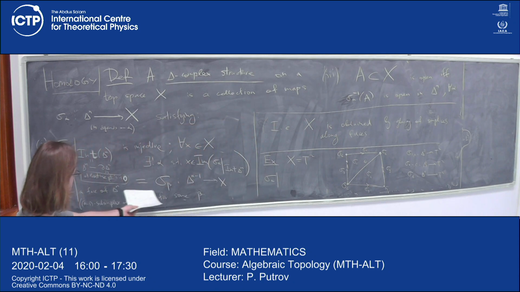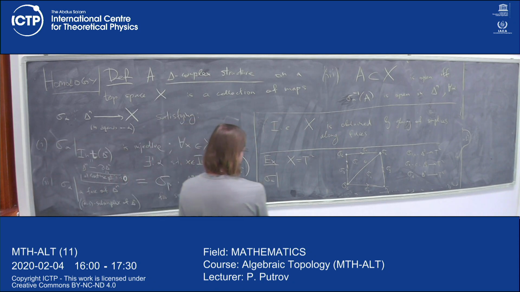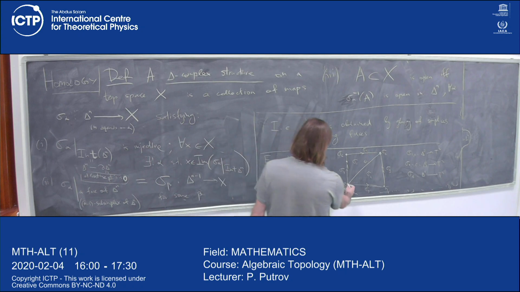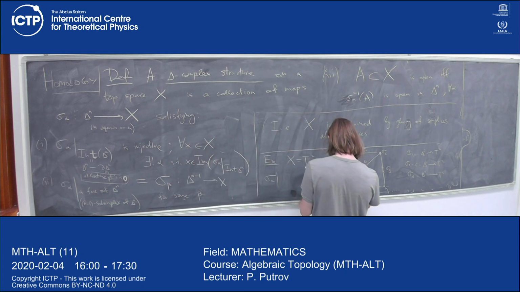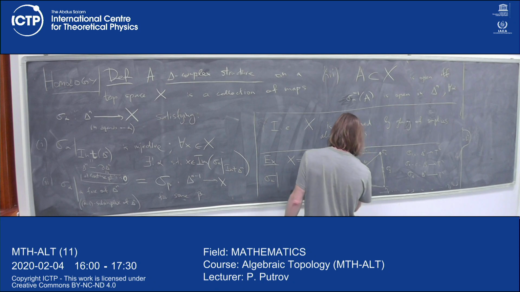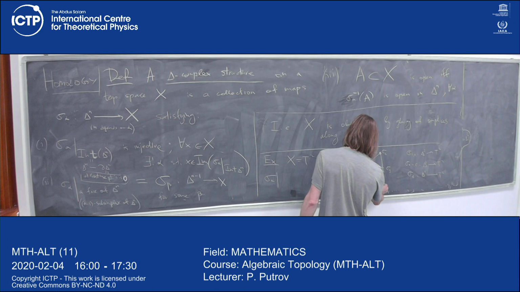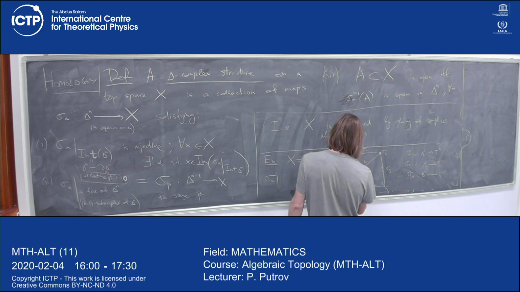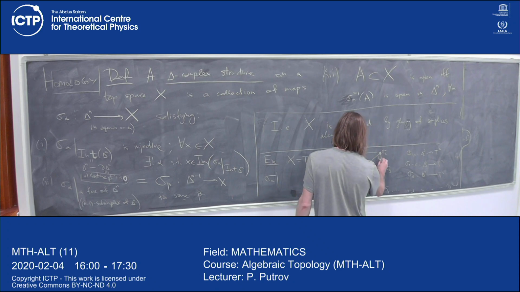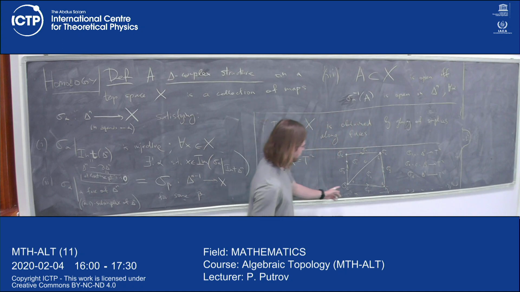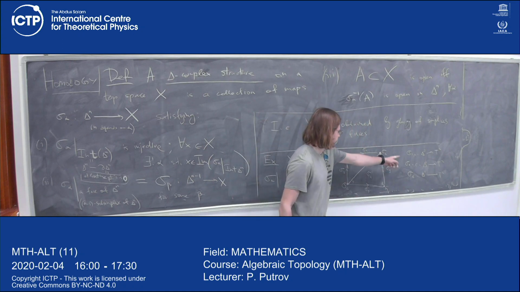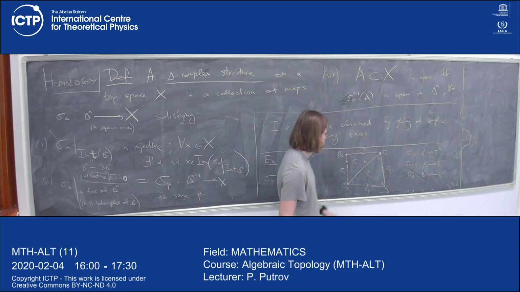So this restriction also works. You can see, for example, in the case of sigma 2, I have to pick an order of the vertices of this sigma 2. So this is 0, 1, and 2, the images of the vertices in delta 2, labeled by 0, 1, and 2.